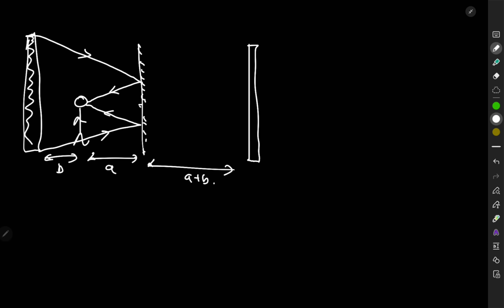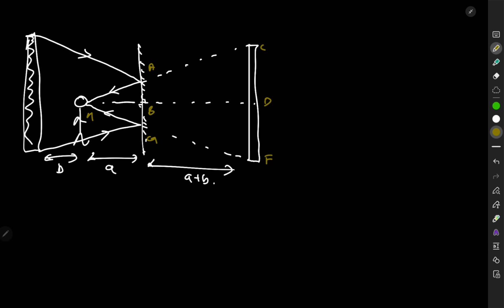So A plus B will be the distance. Fine. So we need to extend the reflected ray, which is this one and this one, and draw a straight line always, and name the points A, B, C, D, F, G, H. Fine.